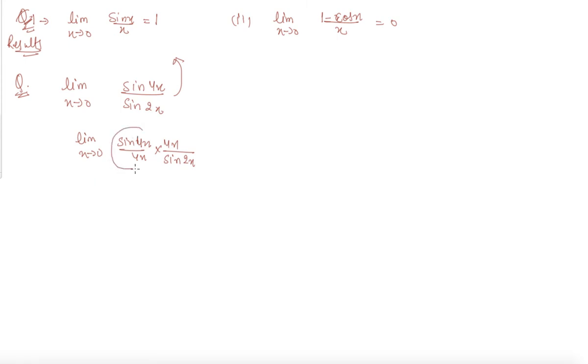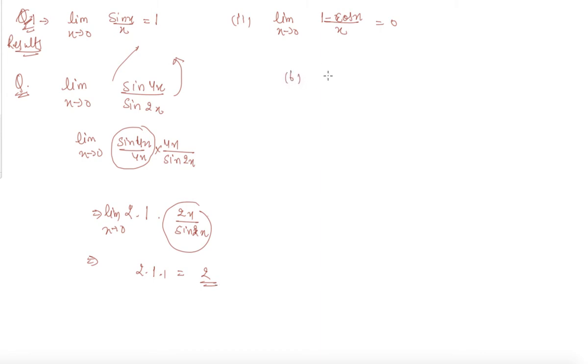So this will be 1, and this I can write as 2x over sin 2x, limit x tends to 0. So this is also 1, students, by using this formula. So what I am getting here is 2 into 1 into 1, which is 2. So the net answer is 2.